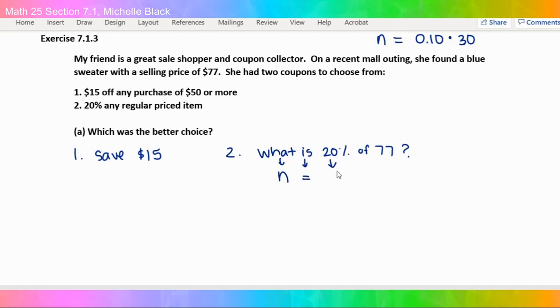Anytime you see a number, you write it down, but it's helpful to change your percents into their decimal form. You can write 0.20 or 0.2, it's the same thing. "Of" becomes multiply. So all we need to do is multiply 0.2 by 77. If you do that, you get back 15.4, or $15.40. So the better coupon would be coupon number 2 because you save 40 cents more.